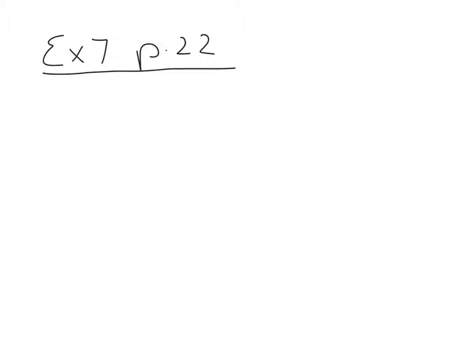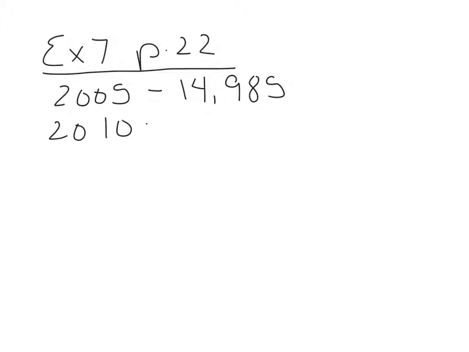So I'm just going to write this data down. In 2005, there were 14,985 students enrolled. In 2010, there were 17,982. The question is asking me to find the slope. So whenever you're finding slope, obviously you need two kinds of data, which we have here.